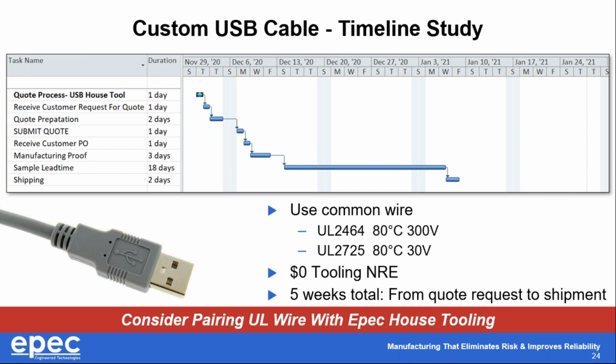We also have in-house tooling for the USB-A overmold shown on the screen here. If there's no changes to either of those and we can use the industry standard for both, Epec can build samples in as short as 5 weeks and get those parts to you for fit checks, for testing, and so forth.